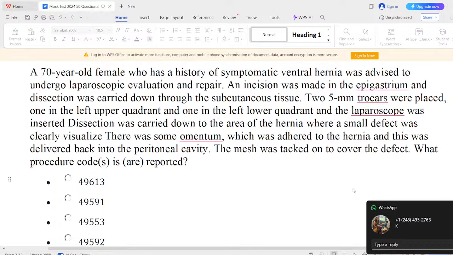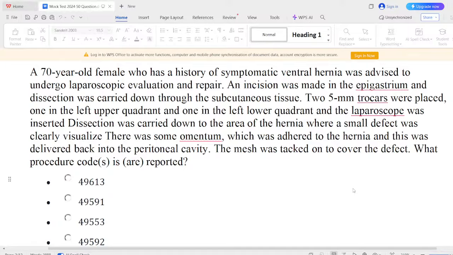What about others? Is it incarcerated or strangulated? How to identify incarcerated code? To identify it, check whether symptoms are involved or it is an asymptomatic condition. I already discussed this in my 10 day CPC class.